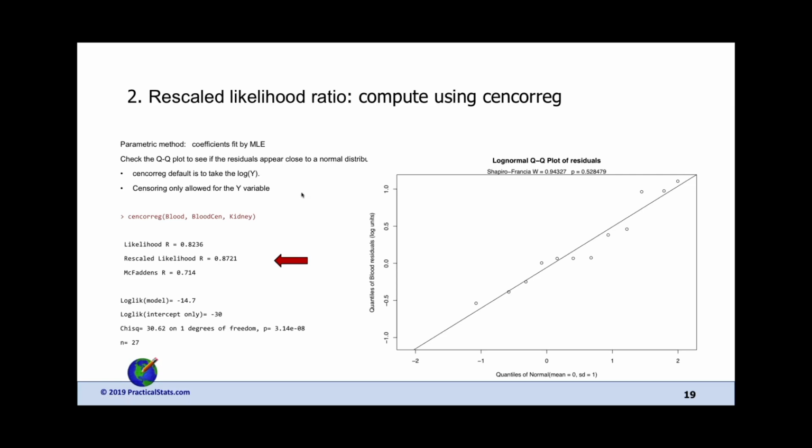And what it will do is give you back these likelihood r statistics without having to compute them in a couple of lines of code. It gives you back this QQ plot for the residuals as well. And this is for the blood lead data. So the rescaled likelihood r correlation coefficient is 0.87, so that sounds like a pretty strong correlation with just this one variable.